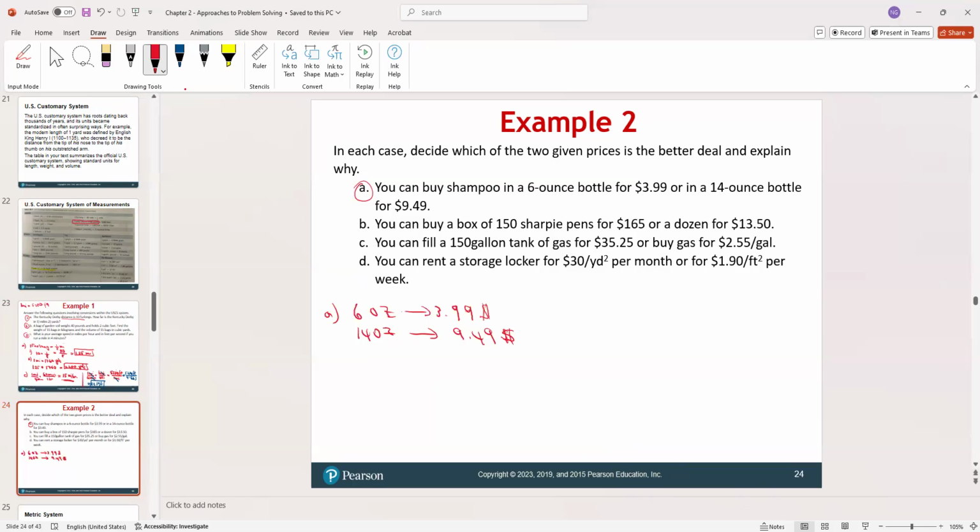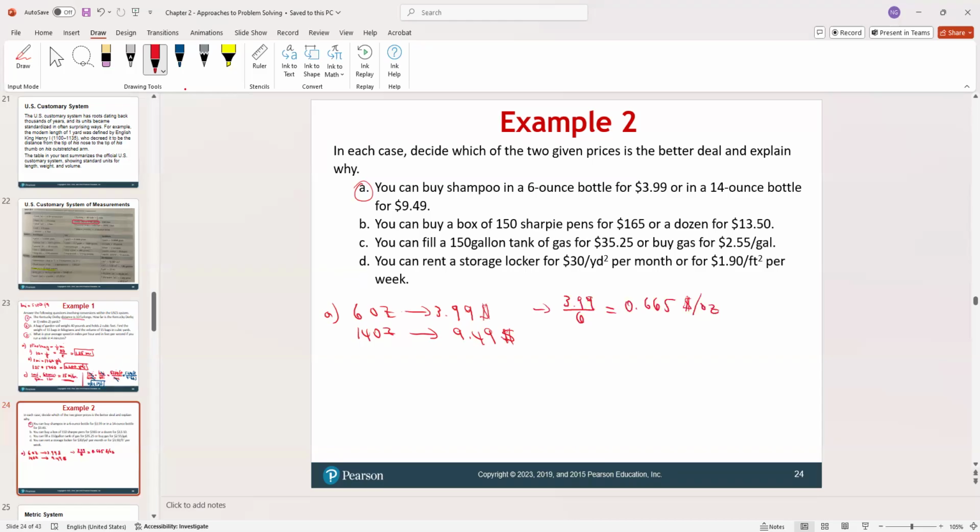So, for example, if 6 ounces cost $3.99, the price for 1 ounce, you're going to do 3.99 divided by 6. In a calculator, please grab a calculator. You would realize that the price would be 0.665 dollars per ounce, right?